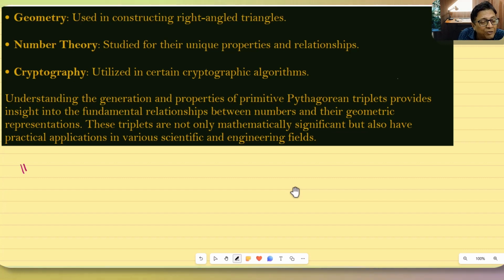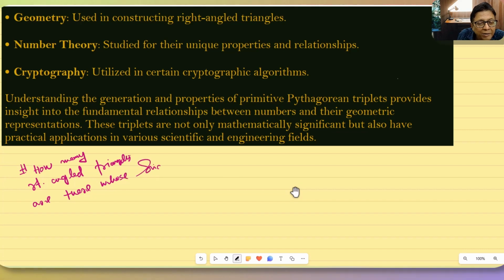Okay, so let us start with these questions. How many right angle triangles are there whose sides are PPT, primitive Pythagorean triplets, and in AP?